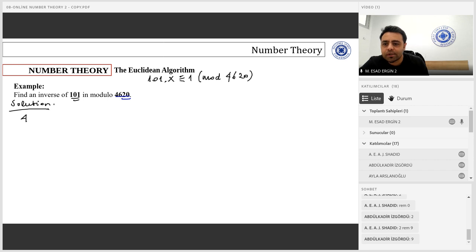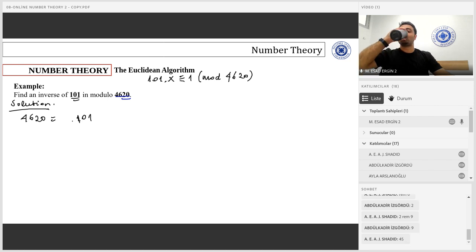We have a modulo, which is the biggest one, 4620 equals 101. And now, how many times do we have 101 inside of 4620? 45.